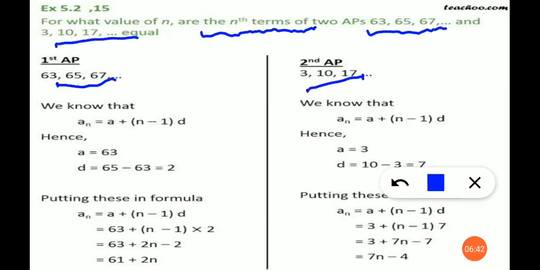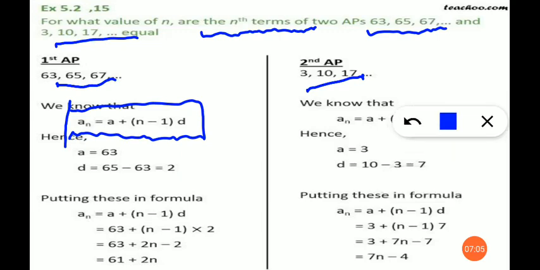Their nth terms are equal, which means an of the first AP is equal to an of the second AP. In both cases, nth terms are equal, and we have to find the value of n. So we will use the formula an is equal to a plus n minus 1 d in both cases to find the nth term.